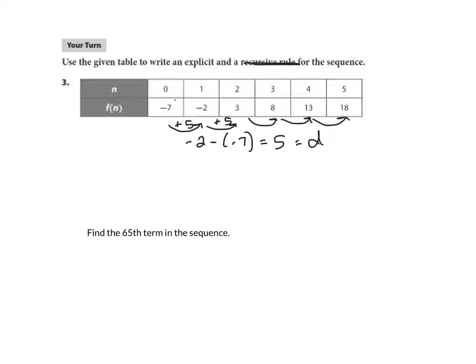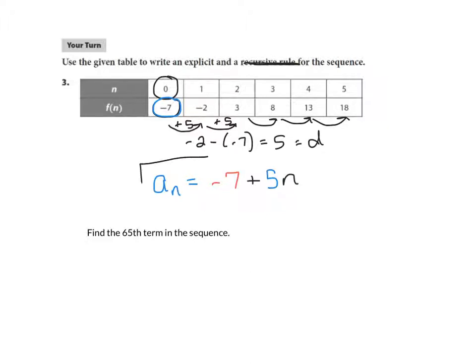I also have my first term, which is negative 7, and n is equal to 0. So this is one of those cases where we're told n is equal to 0. So we can jump straight to writing our rule. A sub n equals, if you remember correctly, the very first number in the sequence, which is negative 7, plus the common difference, which is 5, times n.